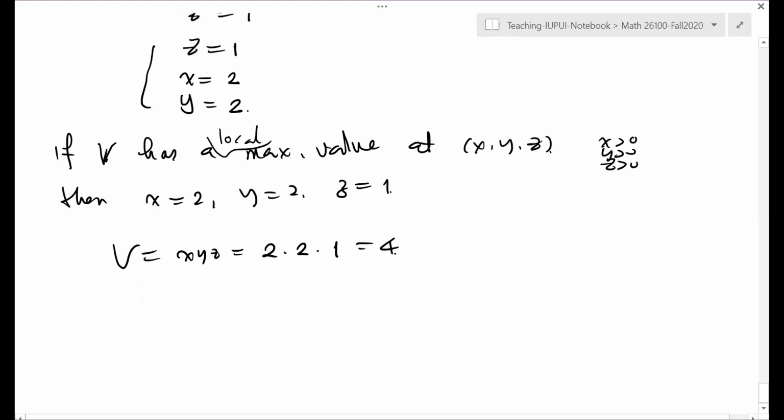It must have a maximum value somewhere, for some choice of x, y, z, right? With x, y, z positive. So then you only find the one critical point. So then the function must have an absolute maximum value at this point. There's no other choice.